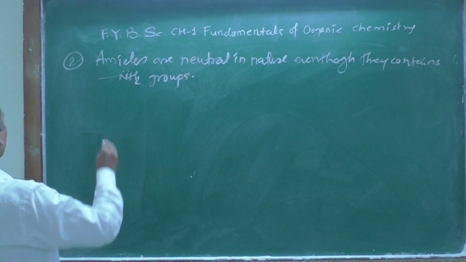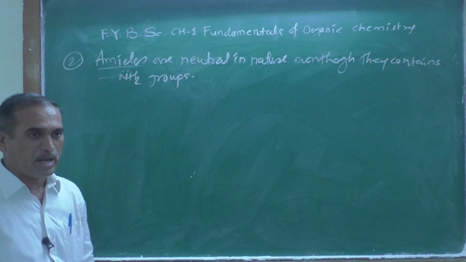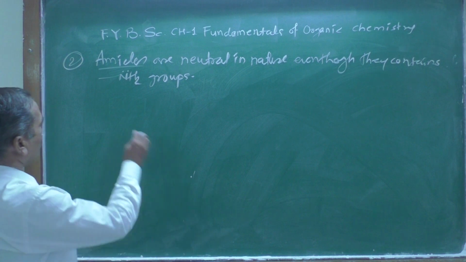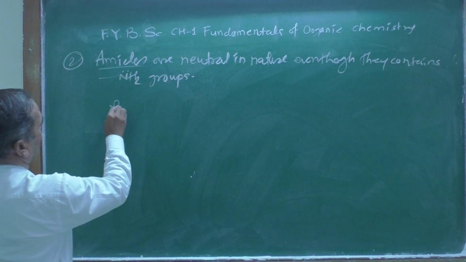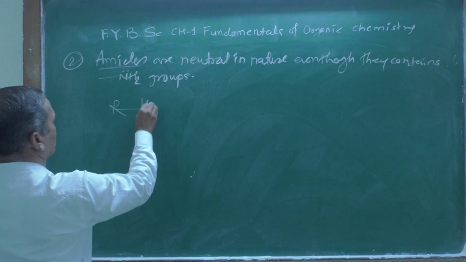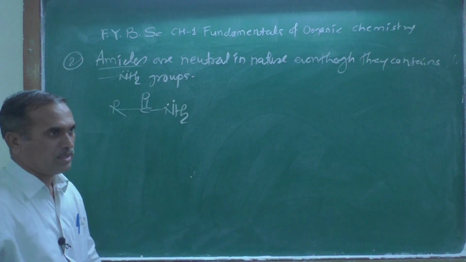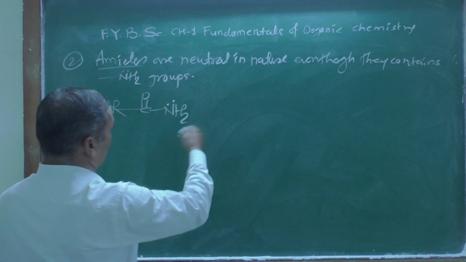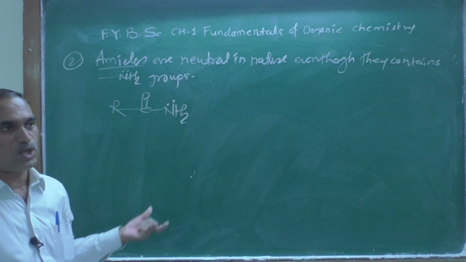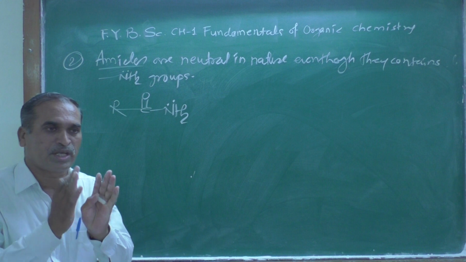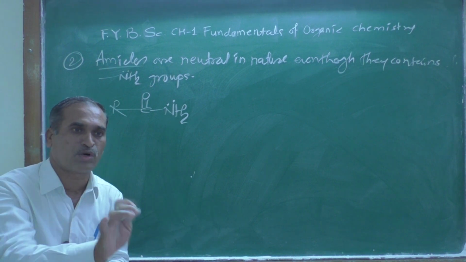And if you remember here, what will be the structure of amides? Primary amide. Remember here, the structure of primary amide is RC double bond O NH2. This is the structure of amide. Now the lone pair which is present on the nitrogen atom is not available for donation.